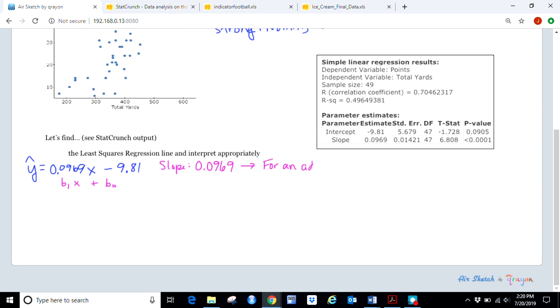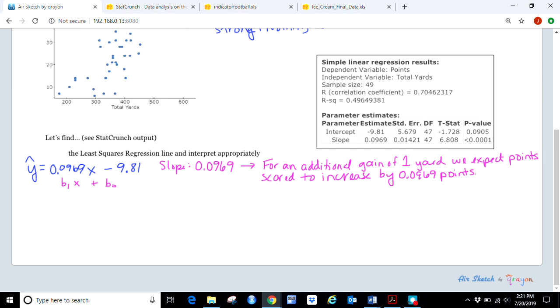All right, let's put that into context to see if this makes sense. If I have an additional gain of 1 yard, right, x is increasing by 1, we expect points scored to increase by 0.0969 points.